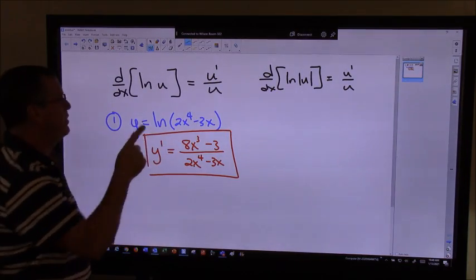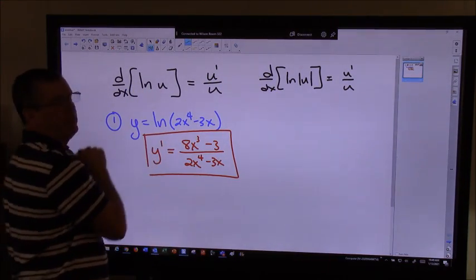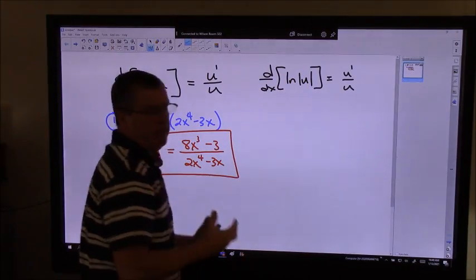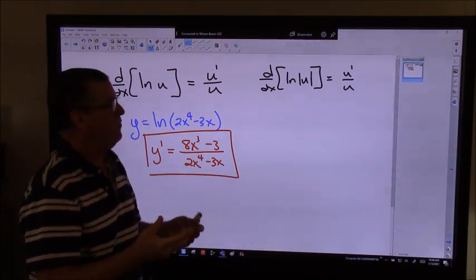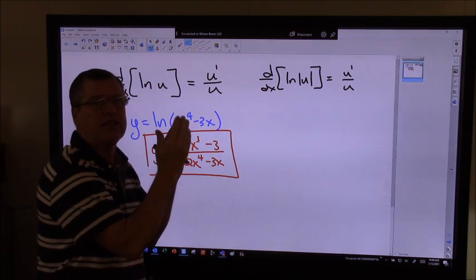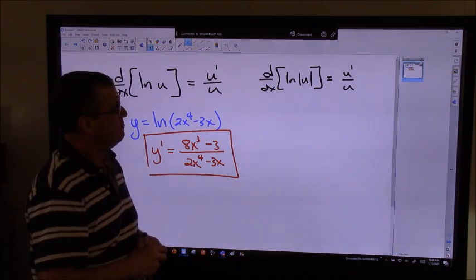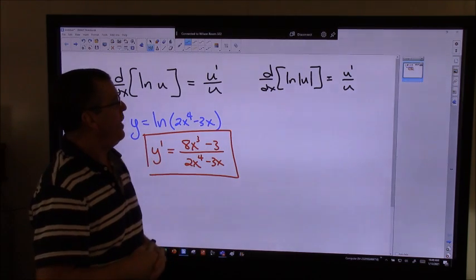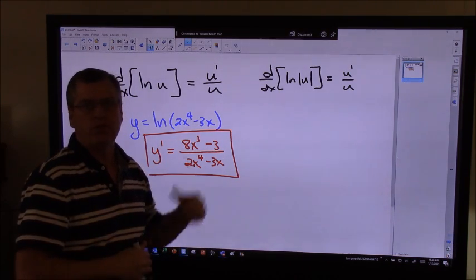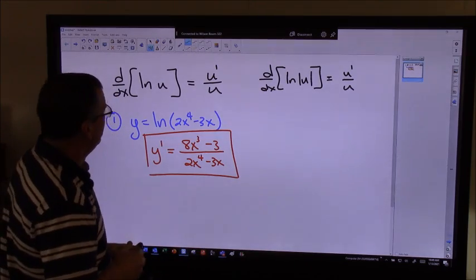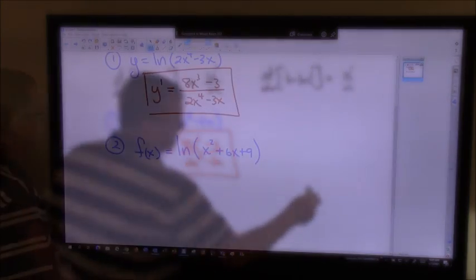The reason they do this is you can't take the natural log of a negative number. So if that expression u could be something negative, we put the absolute value signs there to guarantee we're doing the natural log of something positive. So if you saw that and went, oh geez, I don't know what to do, just do the same thing, and it works out.